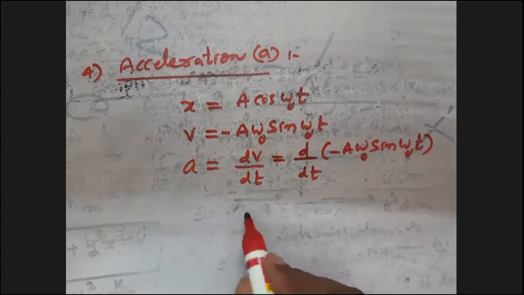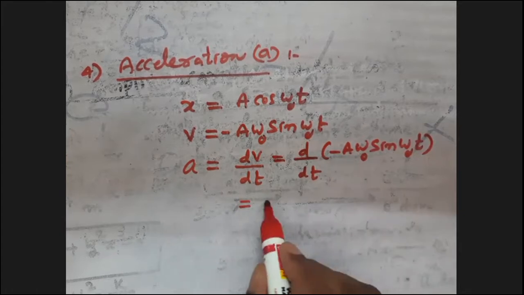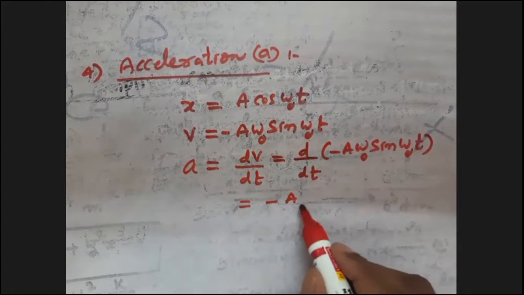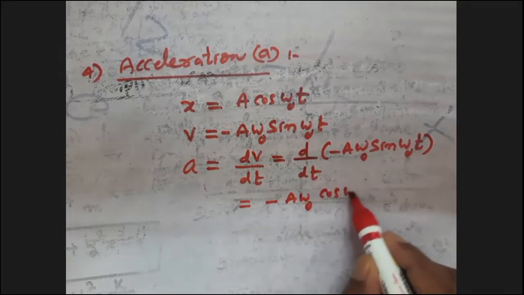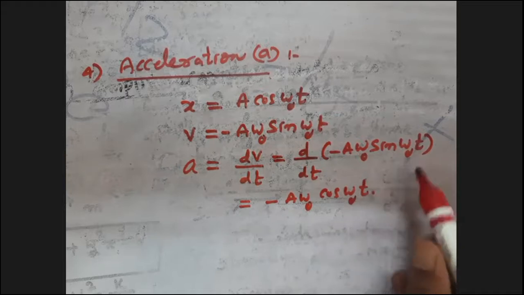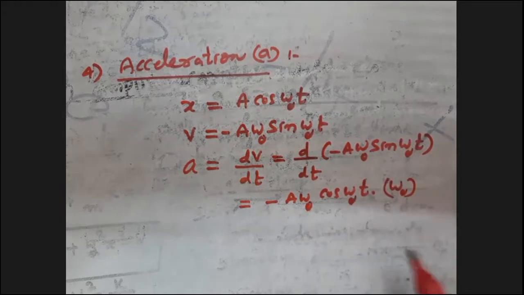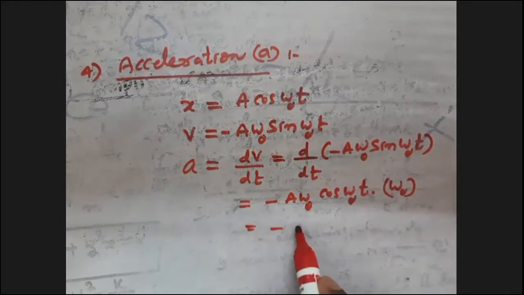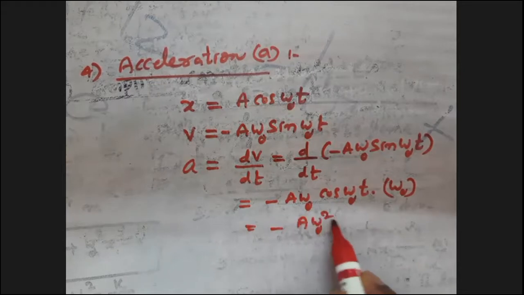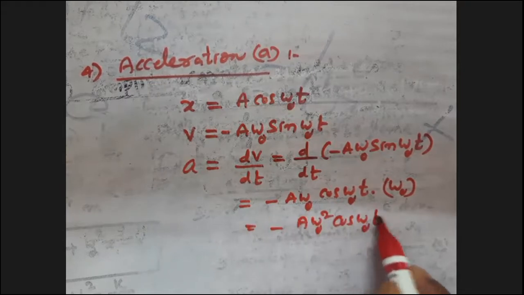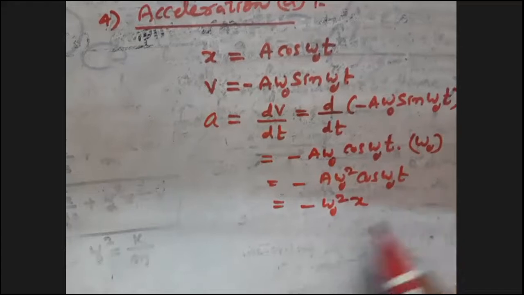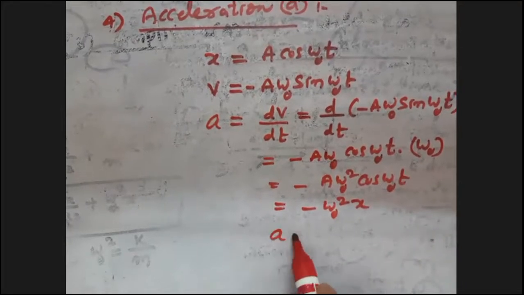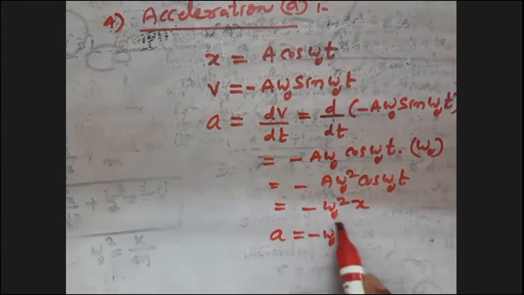First write the constant outside of the differential: minus a omega naught, d by dt of sine omega naught t. We will get cos omega naught t into d by dt of omega naught t, again giving omega naught. That equals minus a omega naught square cos of omega naught t, equal to minus omega naught square times a cos omega naught t, but a cos omega naught t is x. So a is equal to minus omega naught square x.